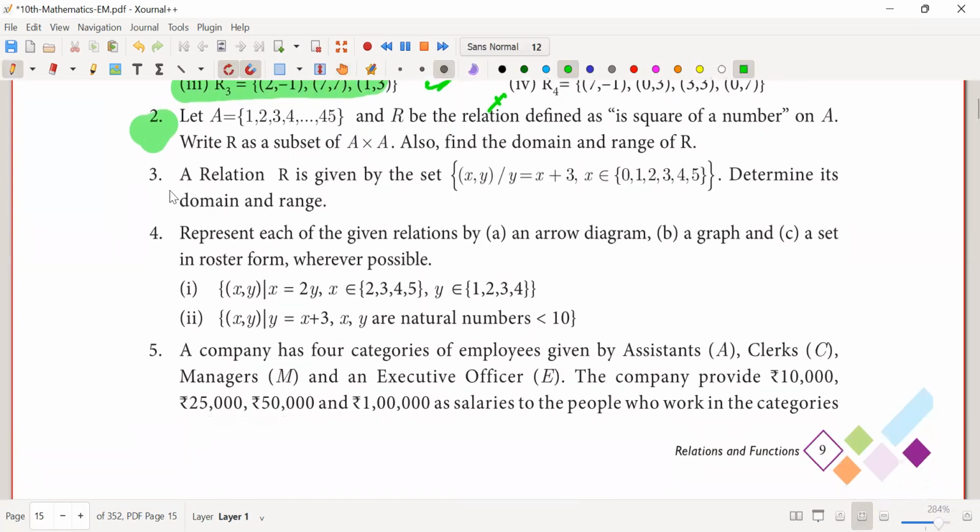Okay. Then third question. A relation R is given by y equal to x plus 3. Elements 0, 1, 2, 3, 4, 5. Determine its domain and range.